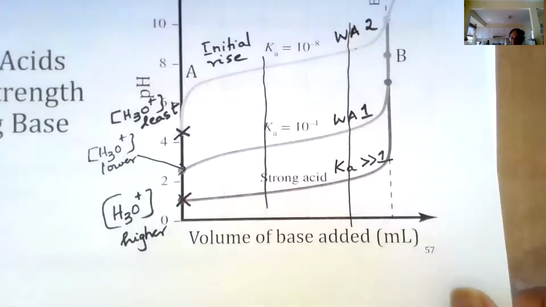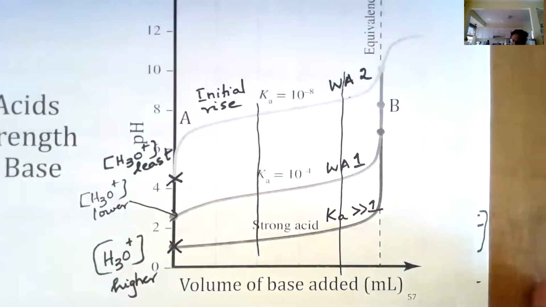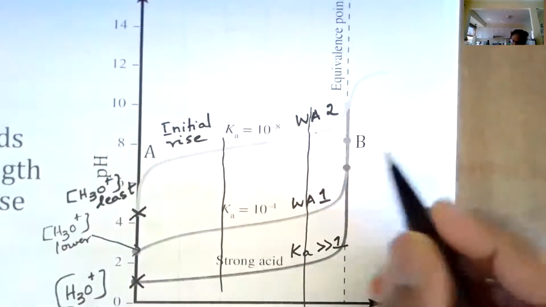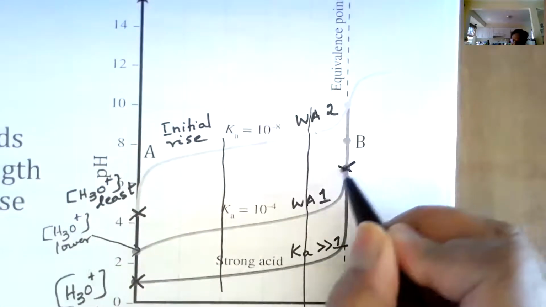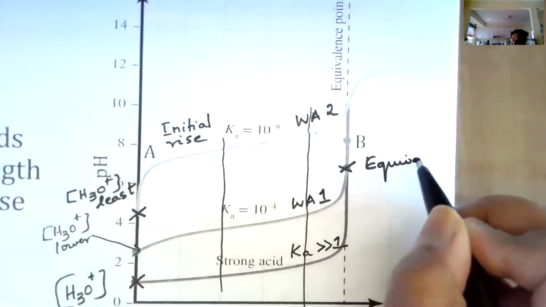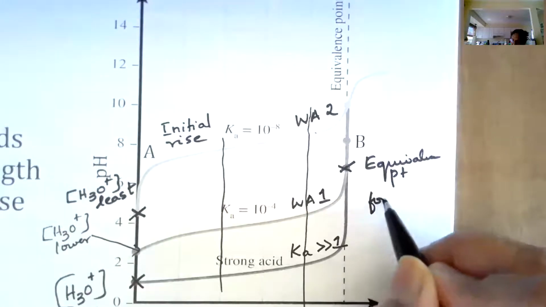So if you look at the curve again, this is the equivalence point for the strong acid.